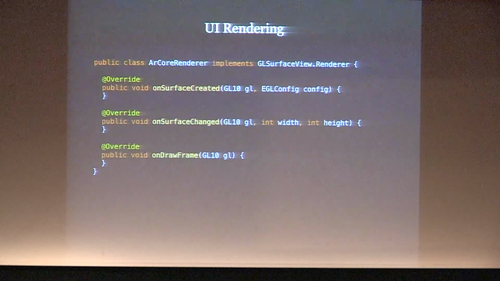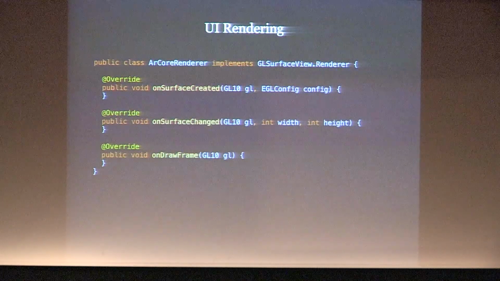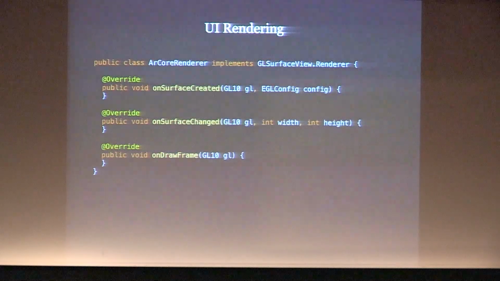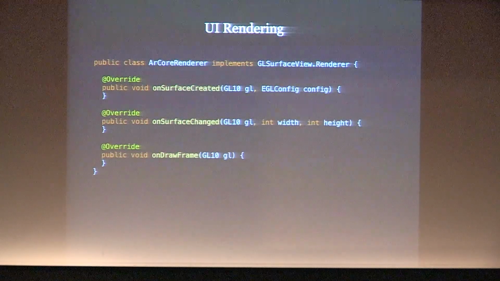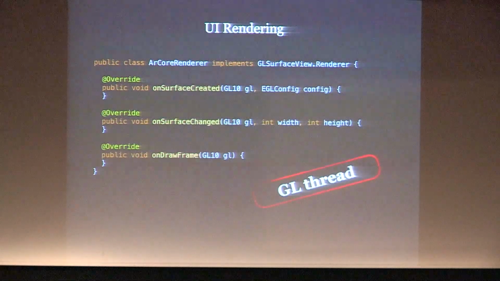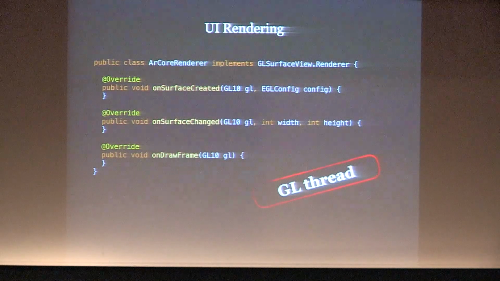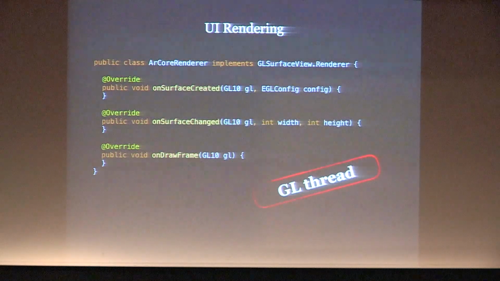As you can probably guess from the naming, onSurfaceCreated and onSurfaceChanged are those methods where most of the setup will be done, or clearing up some resources if something has changed. And onDrawFrame is your core method where most of the drawing will be happening. A quick thing to note is that all of those methods are run on the GL thread, and I actually ran into an issue where I needed to update some colors for my native views.